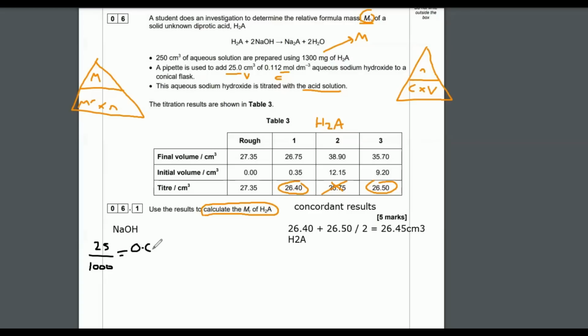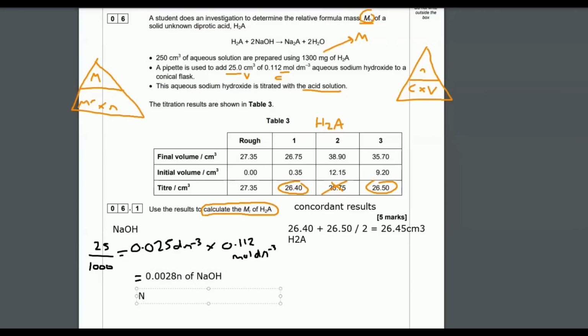Now, the volume's in centimeters cubed, so divide by 1,000 to turn into decimeters cubed. We're chemists, we like to use decimeters. We're then going to times this by the concentration, which we've been told is 0.112 mole per decimeter cubed.